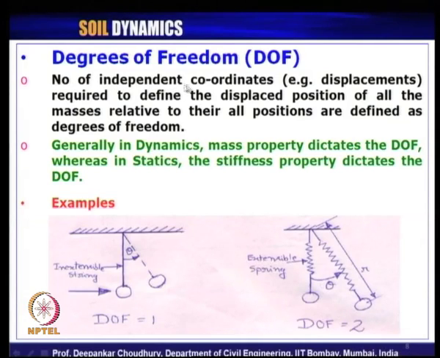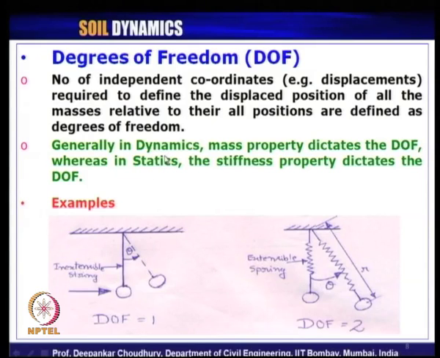It is the number of independent coordinates which defines all the positions of the system, and that defines the degrees of freedom of the system. Generally, in dynamics, mass property dictates the degrees of freedom, whereas in problems related to static loading, the stiffness property dictates the degrees of freedom.